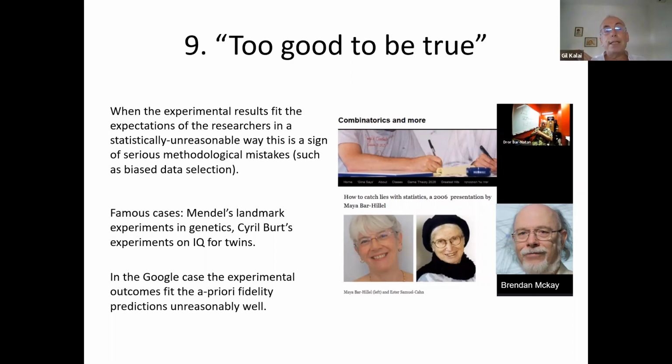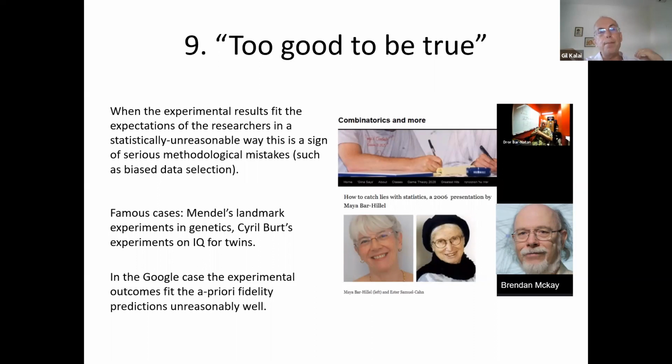And the famous cases are the Mendel landmark experiment in genetics. In this case, of course, the science was correct and spectacular, but there are good reasons to think that the actual outcomes of the experiment were too good to be true. Whether it was Mendel's fault or his gardener's, it's still in dispute by historians.